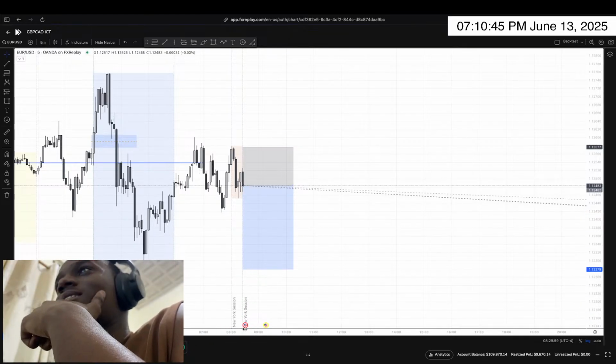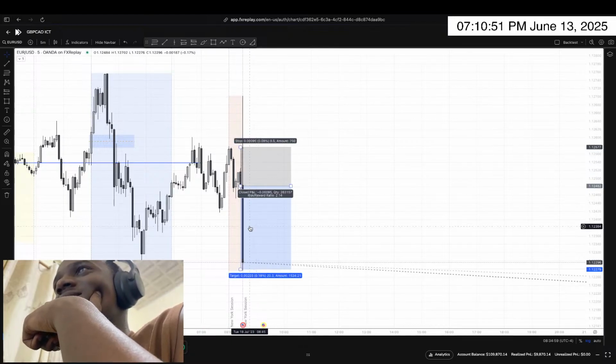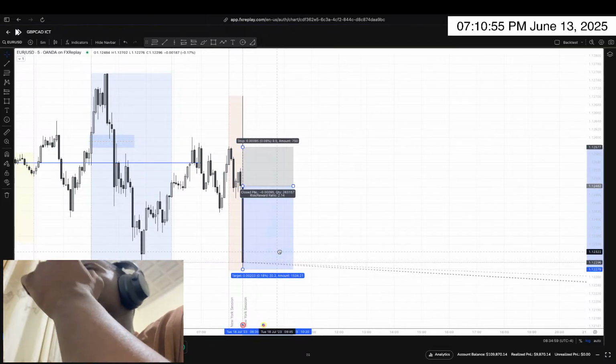Let's see what 8:30 does since there is news. It stops out the people who longed, then proceeds to take profit. But this would have been a really good analysis.